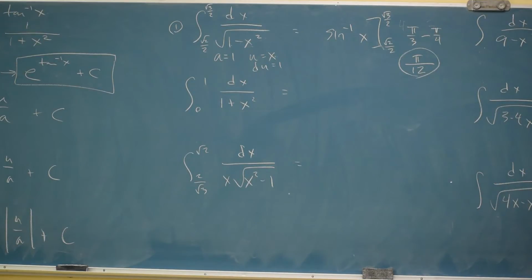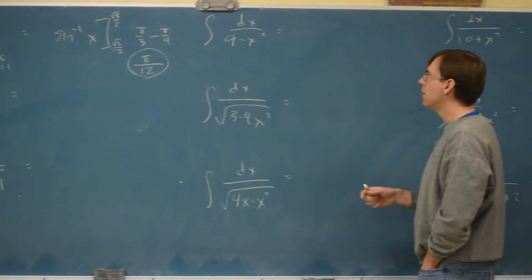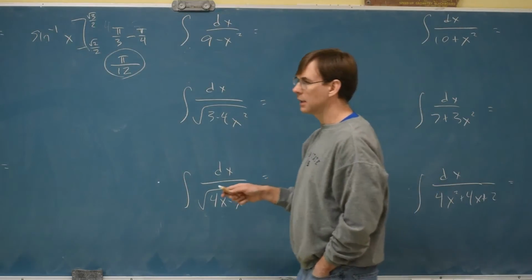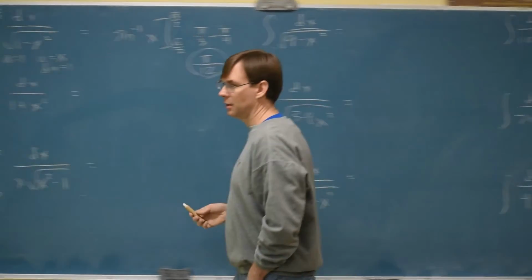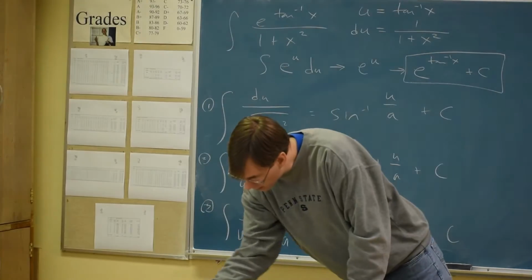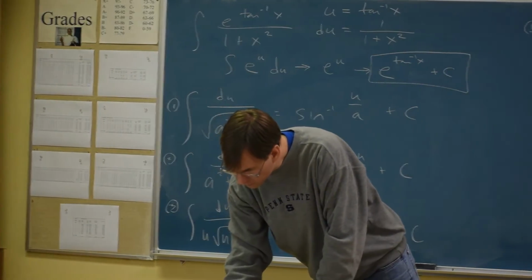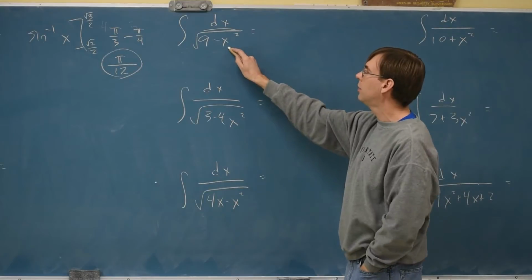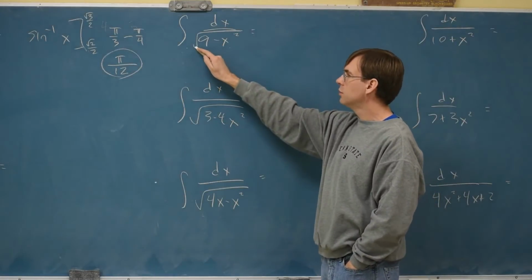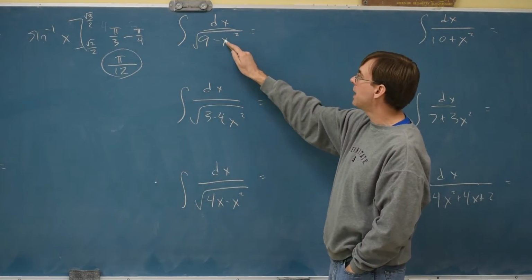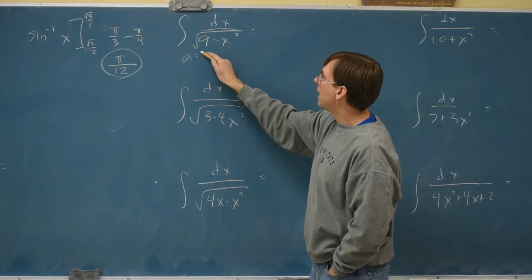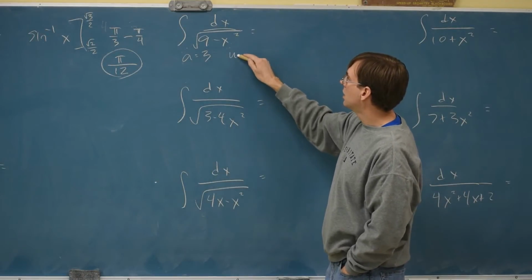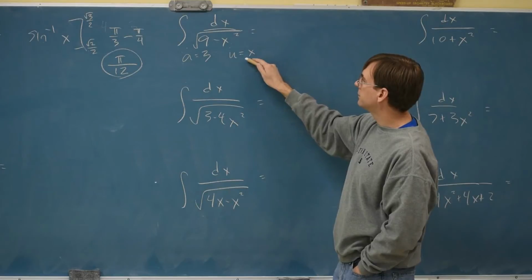Let me do another sine problem. I'll just keep working to the right. I think I copied this problem down wrong. Let me see on my notes. That probably has a root there. Yeah, it did. Okay, so I intended for this to be a sine problem because, again, there's roots for sine problems, numbers minus variables. So my a is a 3, my u is an x.